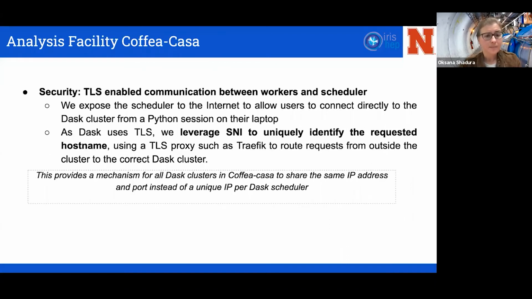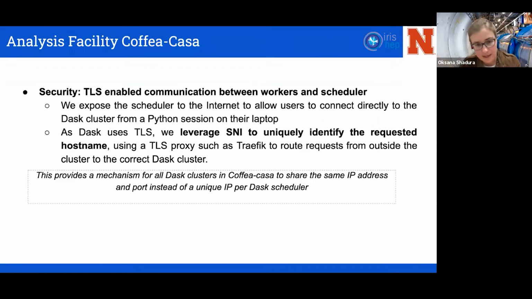About security, as I already said, we have TLS-enabled communication. We expose the scheduler to the internet to allow users to connect directly to the Dask scheduler from a Python session. Since Dask uses TLS, we leverage SNI to uniquely identify the hostname. We use the TLS proxy Traefik to route requests from outside the cluster to the correct Dask cluster.